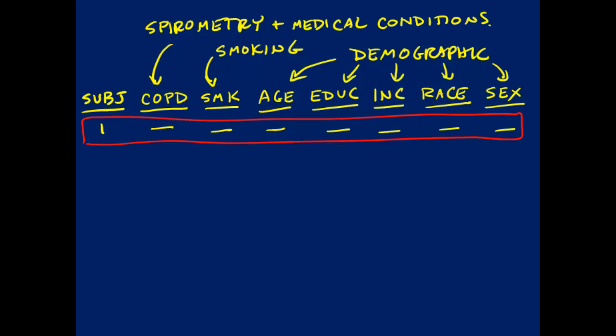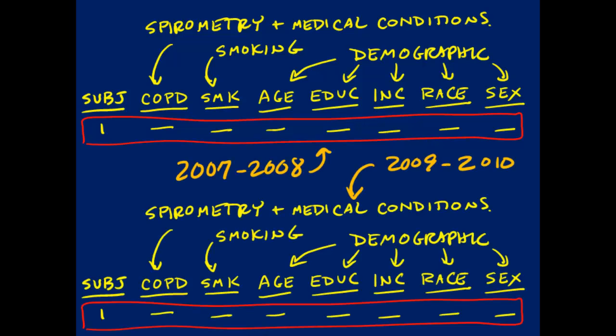Now, in addition to having data that are contained in multiple data files, we are also combining two different cycles. For me, I'm combining the 2007 to 2008 cycle data with the 2009 to 2010 cycle data.